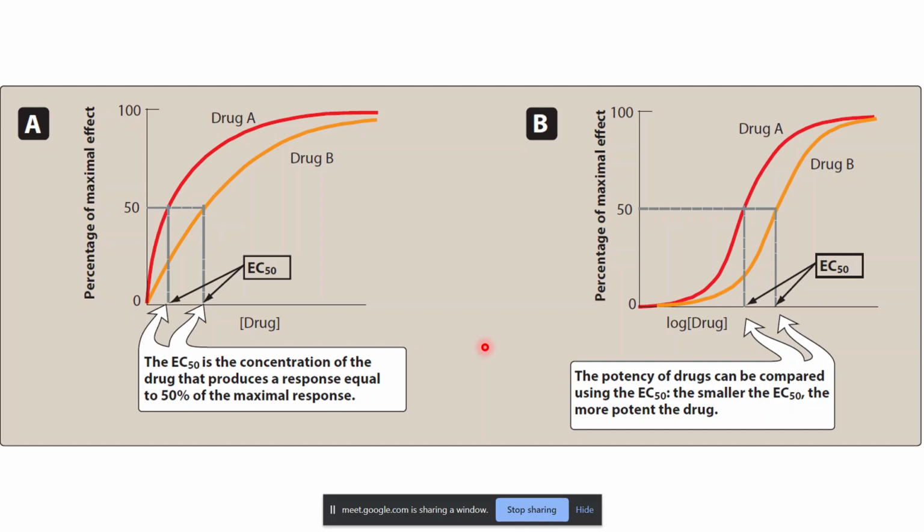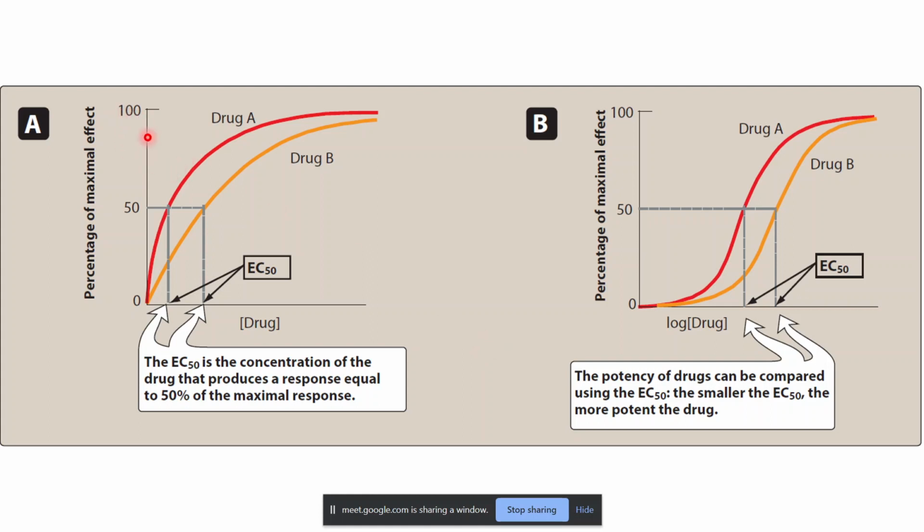So the agonist drugs mimic the action of the original endogenous agonist of the receptor. For example, isoproterenol mimics norepinephrine on beta receptors of the heart. The magnitude of the drug effect depends on the drug concentration.